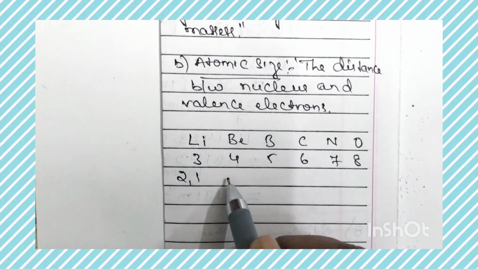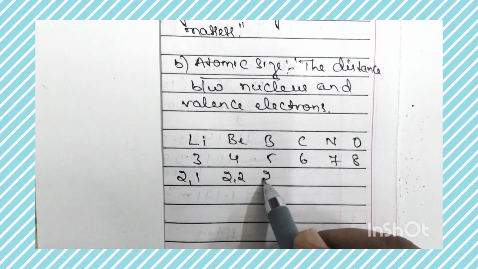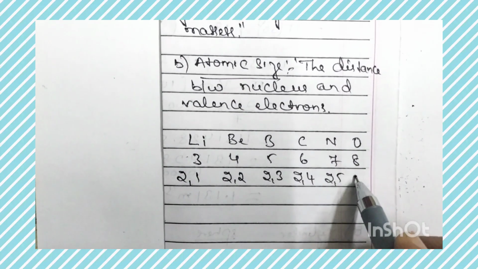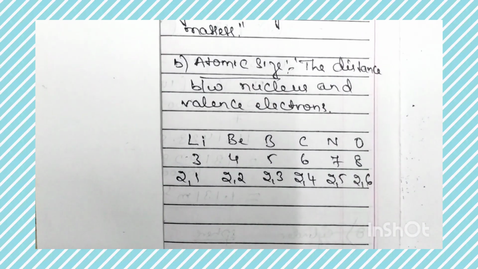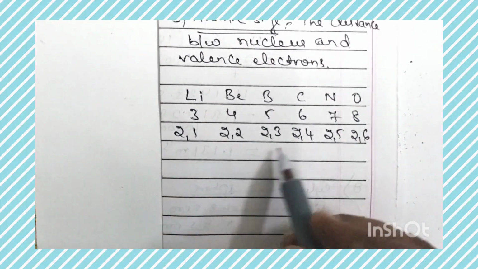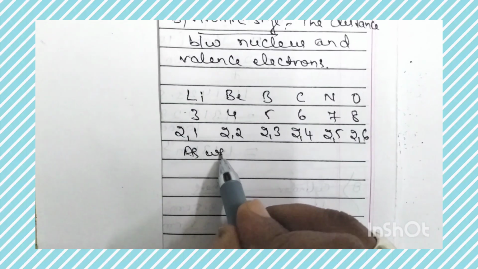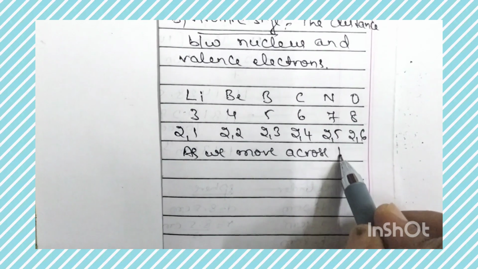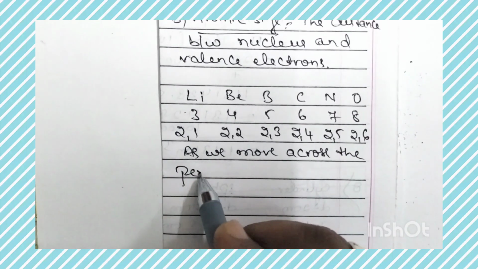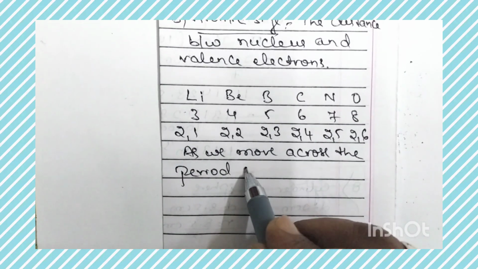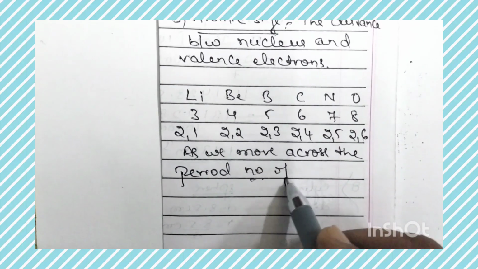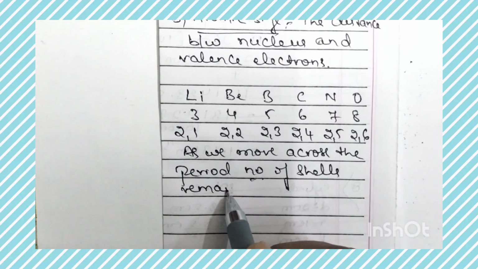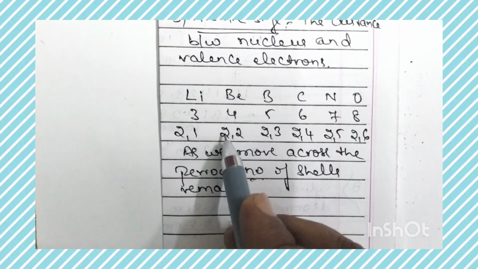So 2, 1, 2, 2, 2, 3, 2, 4, 2, 5, 2, 6. ನೋಡಿ ಅಬ್ಸರ್ವ್ ಮಾಡಿ, ಆಸ್ ವಿ ಮೂವ್ ಅಕ್ರಾಸ್ ದ ಪೀರಿಯಡ್, as we move across the period, number of shells remains same. ನೋಡಿ ಶೆಲ್ಗಳ ಸಂಖ್ಯೆ ಸೇಮ್ ಇದೆ, KL.